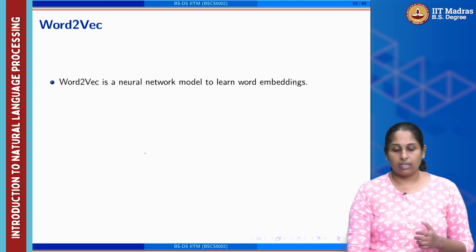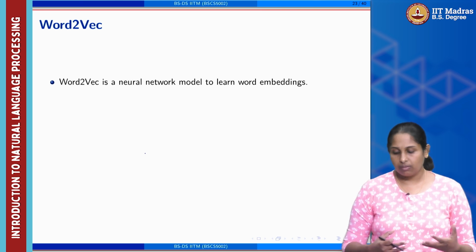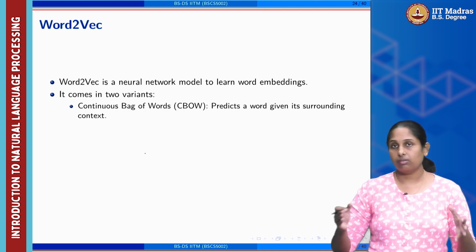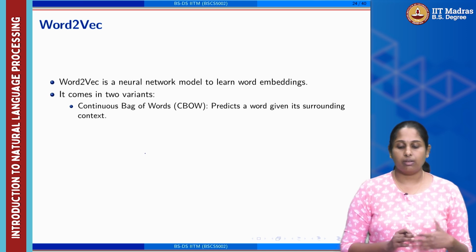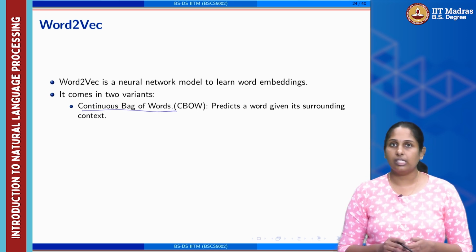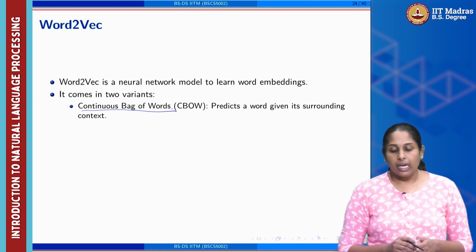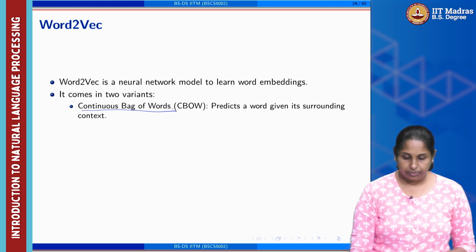Word2vec is a neural network model because it tries to learn the word embeddings through multiple words. It comes in 2 variants. Word2vec can be implemented through continuous bag of words, called CBOW, which predicts the word given its surrounding context.